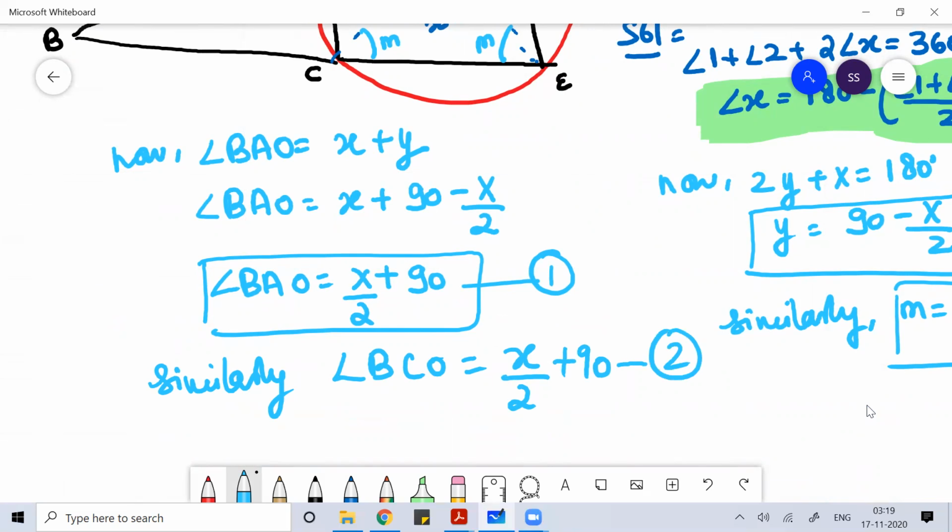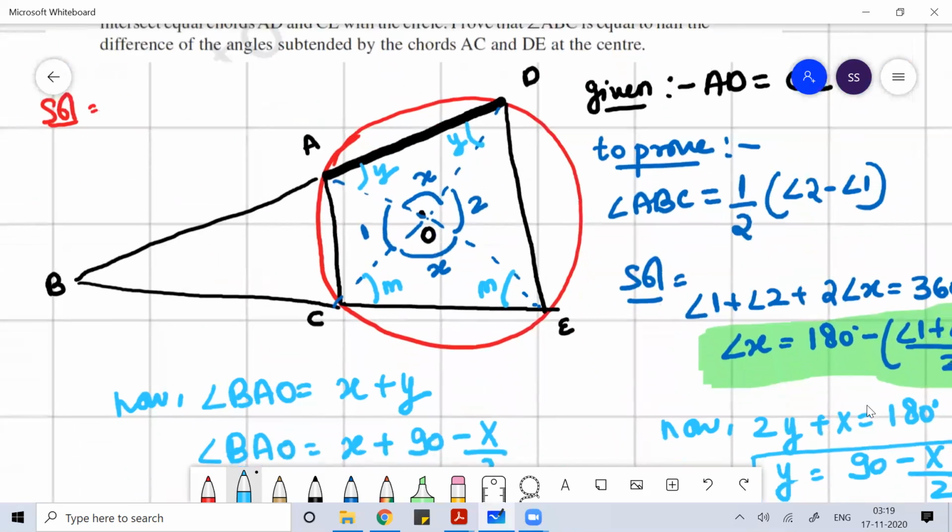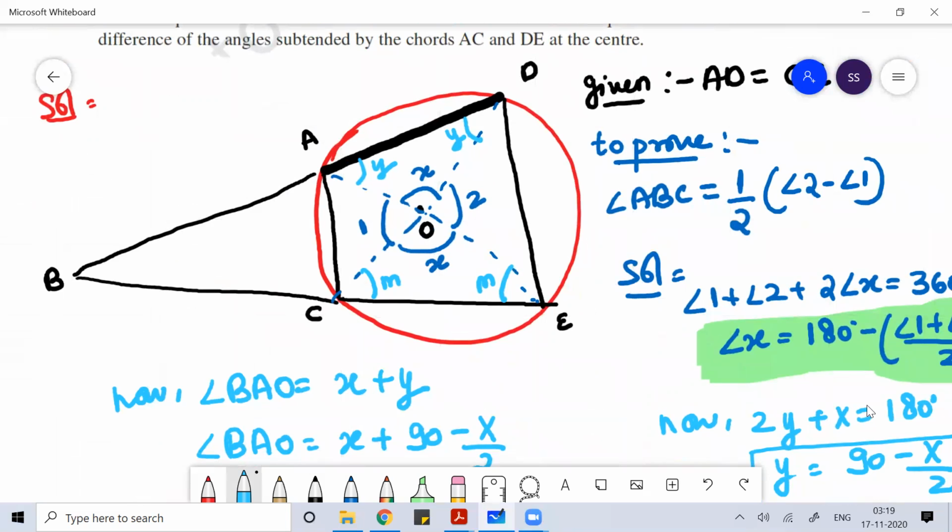Same logic: the exterior angle of the triangle is equal to the sum of the interior opposite angles. Anyway, triangles AOD and COE will be congruent because it is given that this side and this side are equal. This part is already given to you.